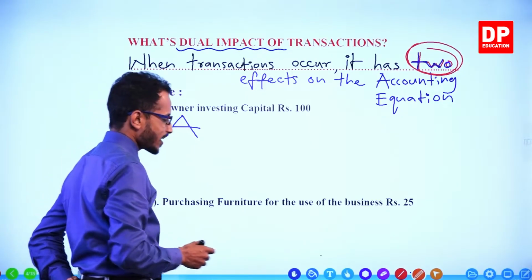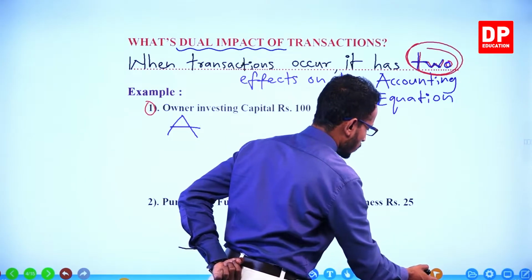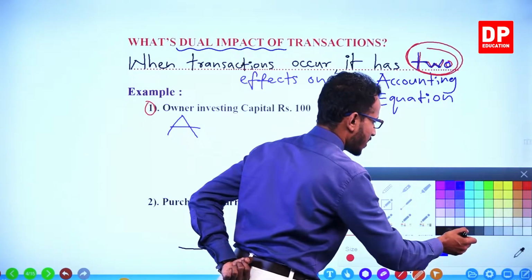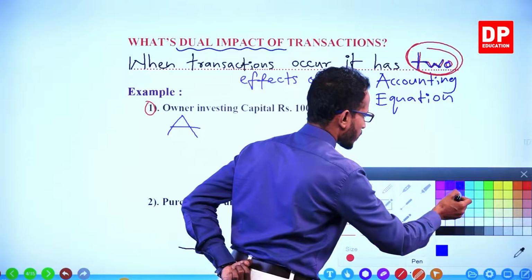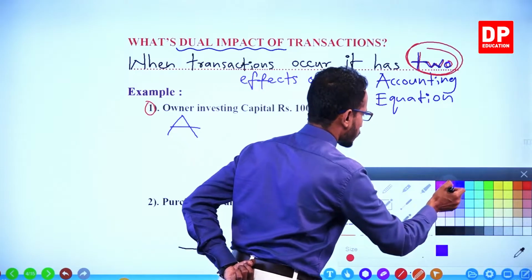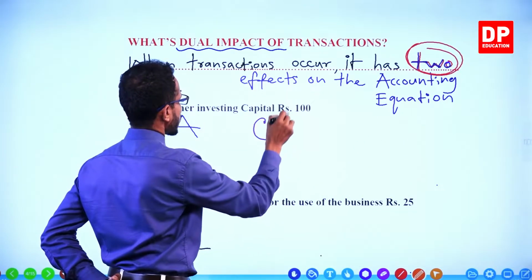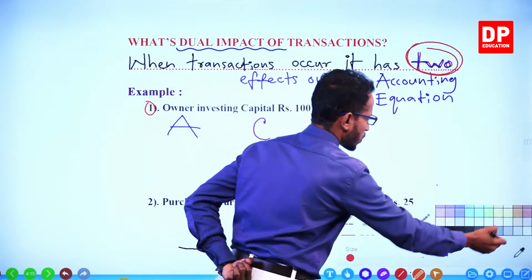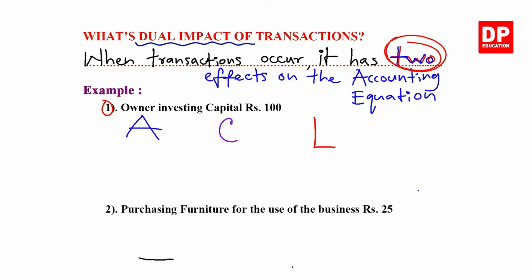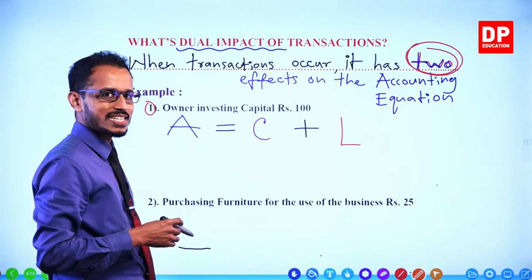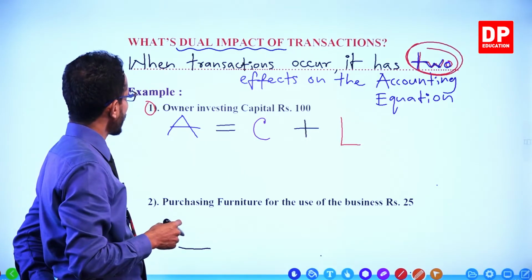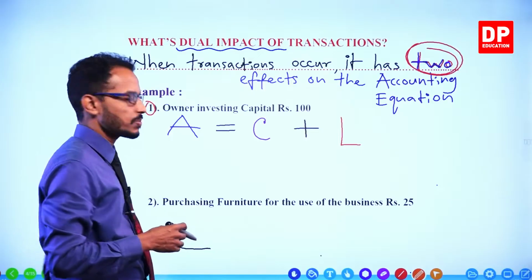Assets are equal to capital plus liabilities. And we'll check what this transaction is. Owner investing capital rupees 100.